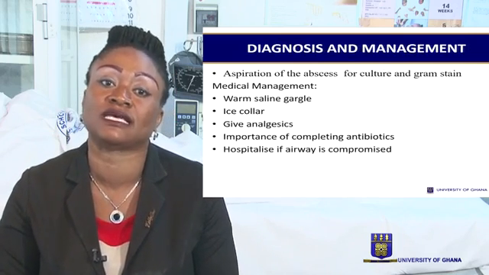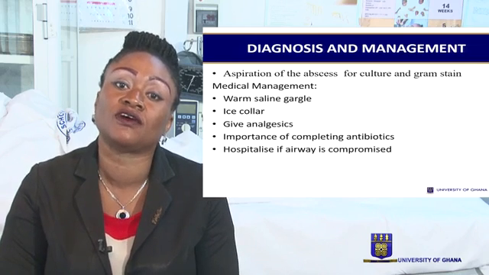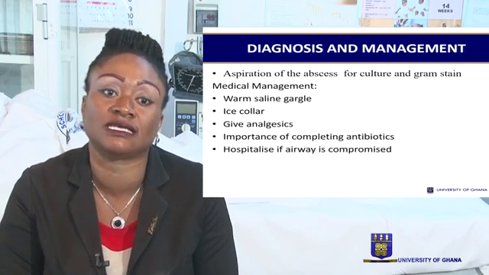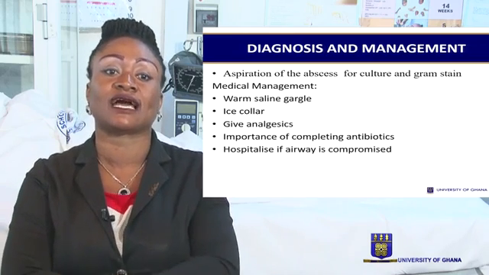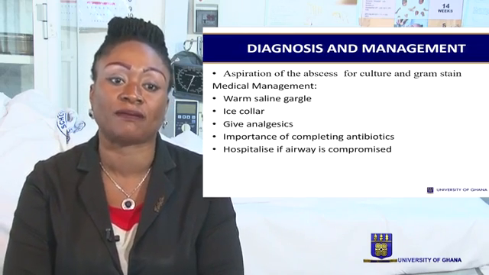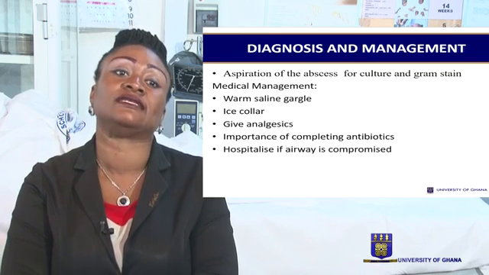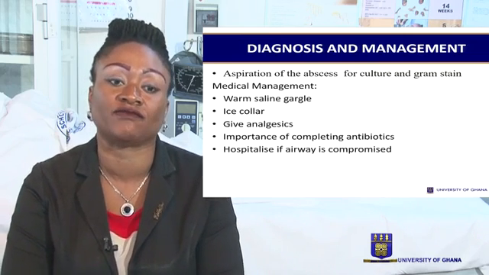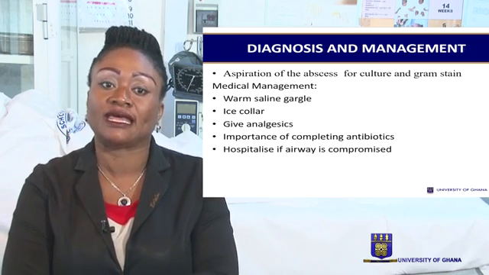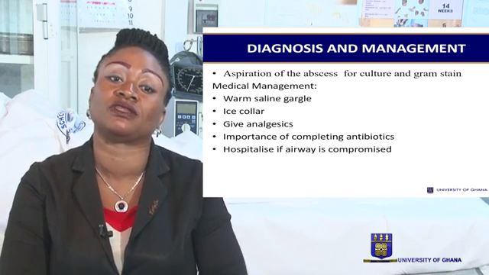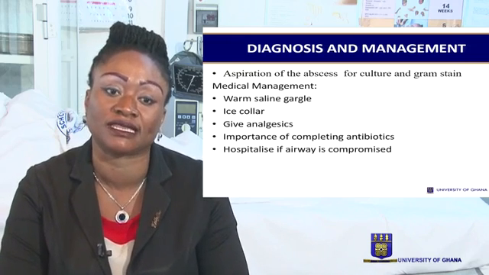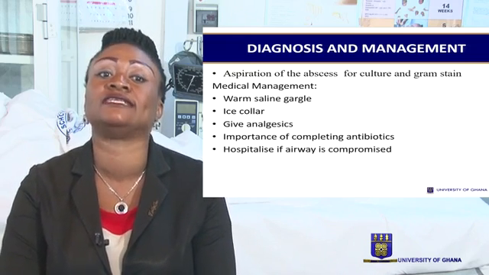Diagnosis and management: aspiration of the abscess is done for culture and sensitivity. Medical management includes warm saline gargle, ice collar application, analgesics for pain, and antibiotics as prescribed, and the patient is educated on the importance of completing the antibiotics.